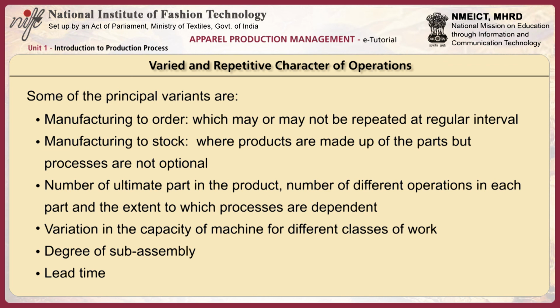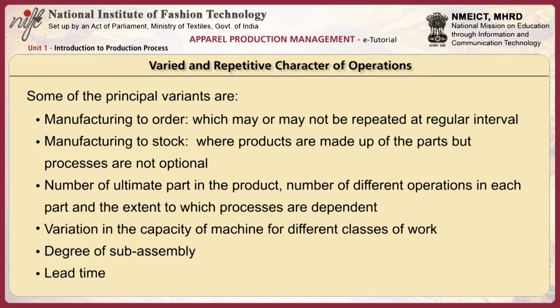Number of ultimate parts in the product, number of different operations in each part, and the extent to which processes are dependent. Variation in the capacity of machine for different classes of work.